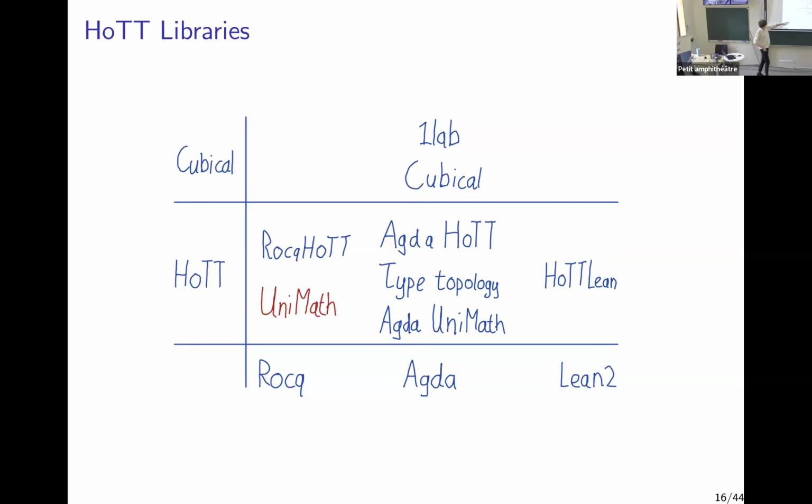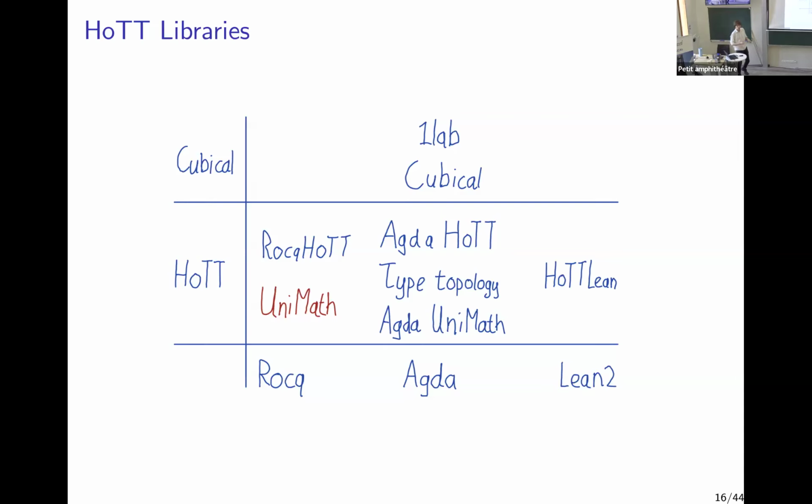And the second thing is multiple proof assistants that are being used, where you have to notice this is only for Lean 2, because they threw out the homotopy type theory feature in Lean 3, meaning that all of the homotopy type theory in Lean is deprecated and not real anymore. So here you see a bunch of libraries that we have, like Agda UniMath, TypeTopology, Agda HoTT, that was, I think, discontinued, but I don't know whether people still work with it, but it exists.